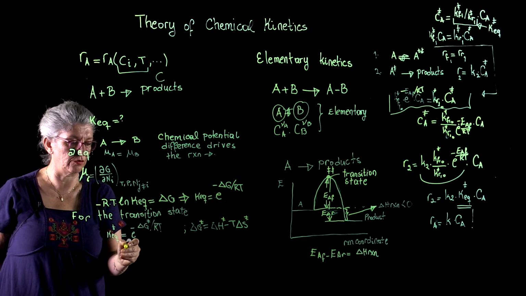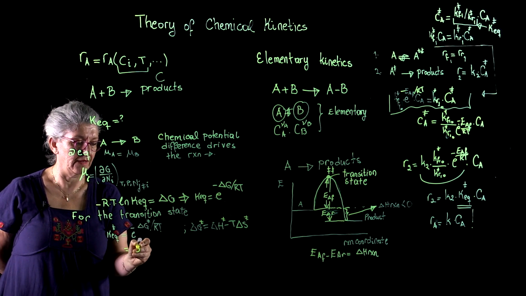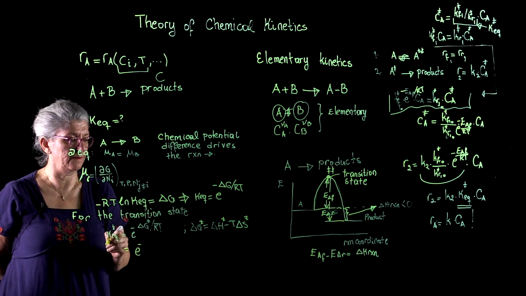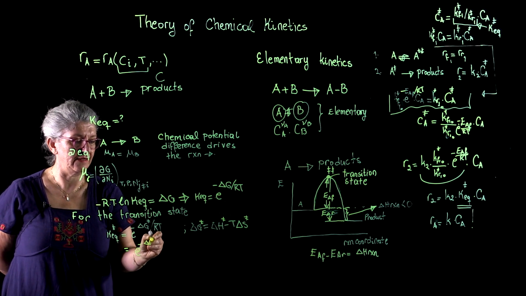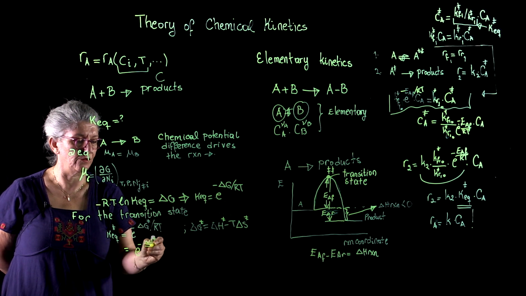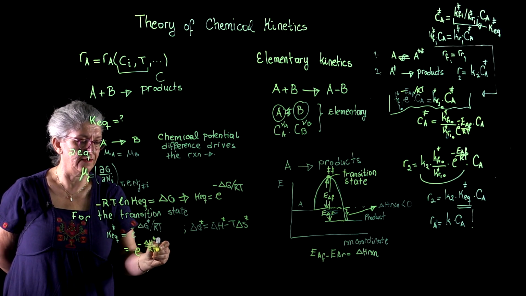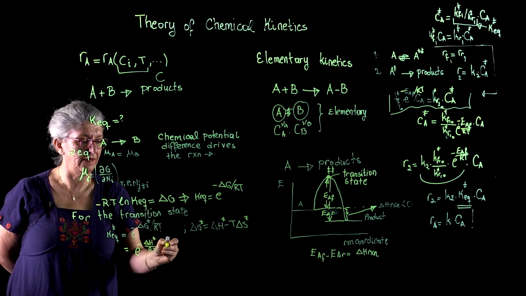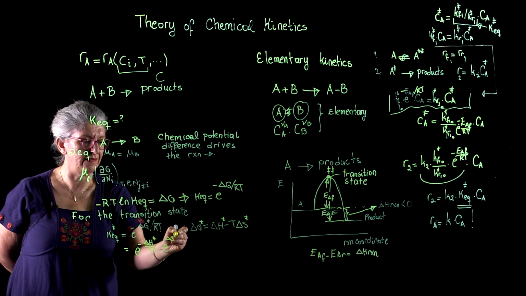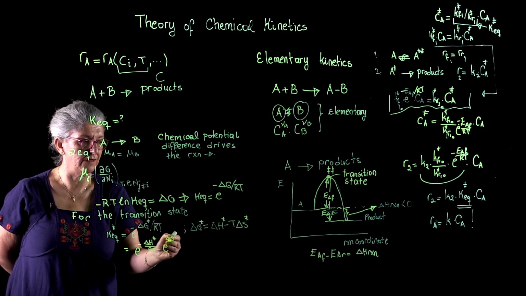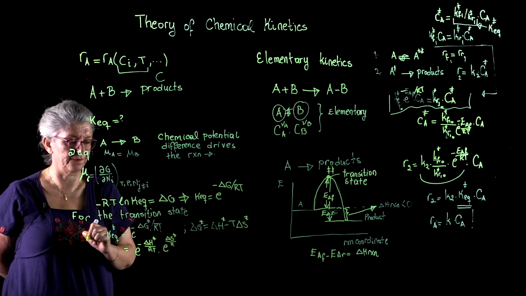I will substitute: e to the minus delta H dagger over RT times e to the plus delta S dagger over R.